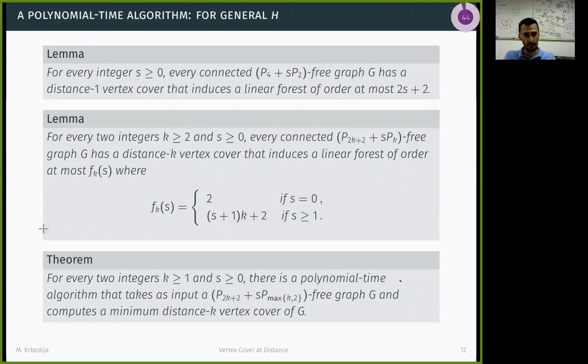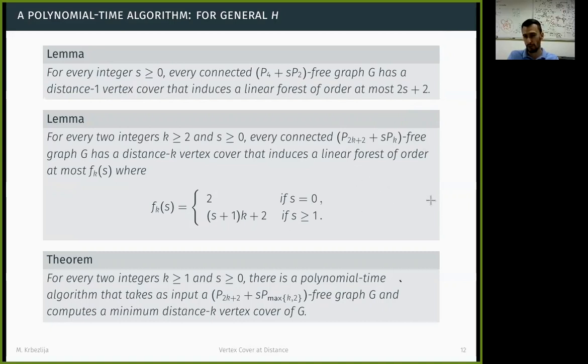So the two lemmas will imply the theorem that says that for every two integers k greater or equal to 1 and s greater or equal to 0, there is a polynomial time algorithm that takes as input a (P_{2k+2}+sP_{max(k,2)})-free graph G and computes the minimum distance k vertex cover of G. An algorithm that runs in polynomial time is the following, which takes a graph G and for every connected component of G checks every connected subset of the vertex set of the component of size at most F_k(s) or 2s+2, and finds a minimum distance k vertex cover of that component.